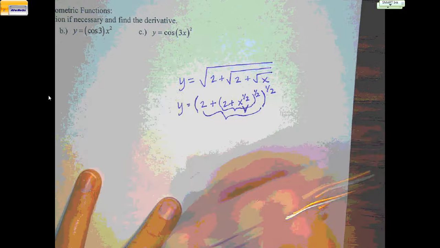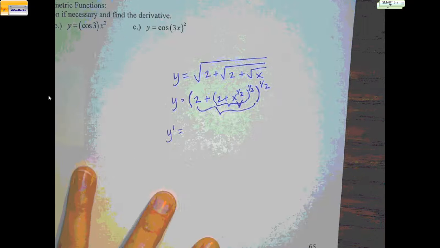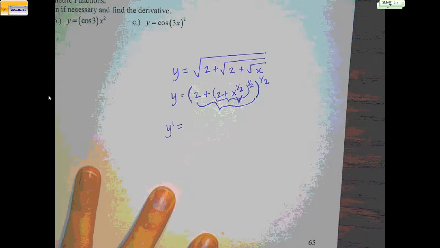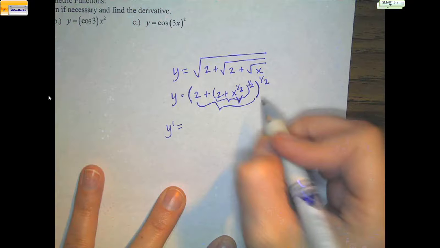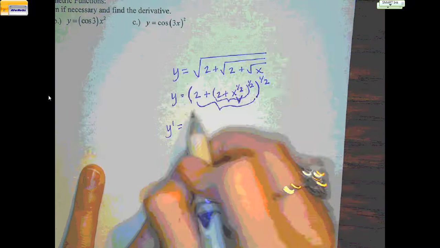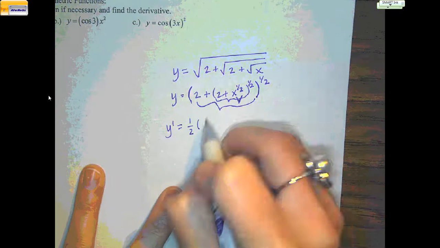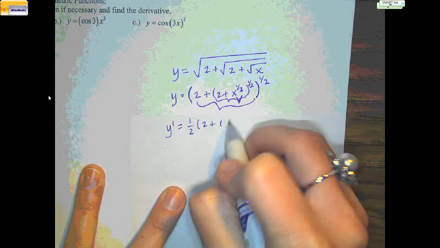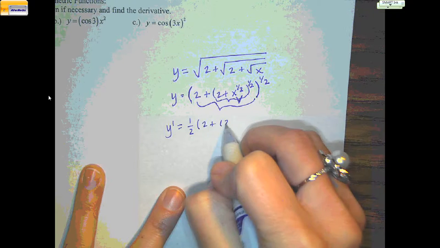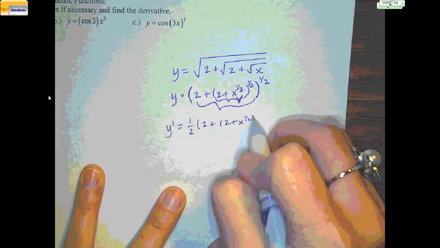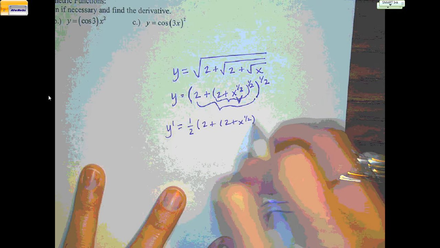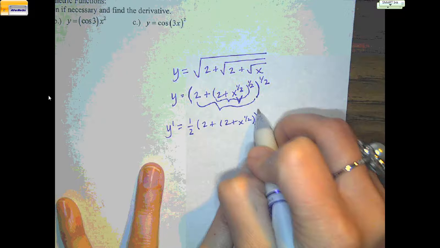So here we go, derivative. The outermost function comes first, because that's what dissolved away first, the outer candy shell. 1/2, we throw it to the front. We have 1/2 times this whole inner piece, 2 plus, open parentheses, 2 plus x to the half, close those parentheses, and then that whole thing is to the half.